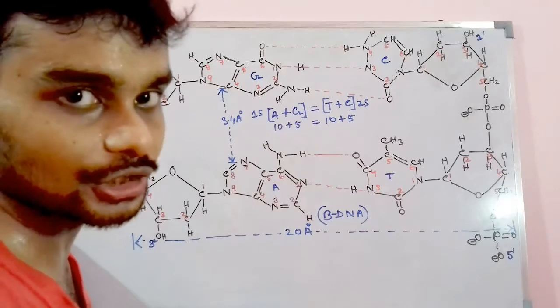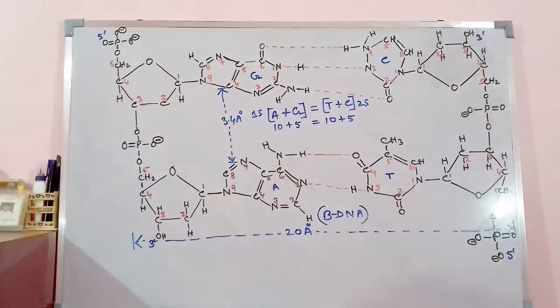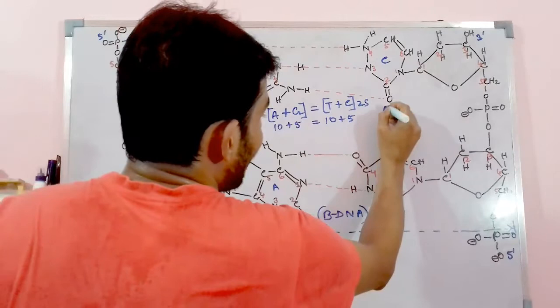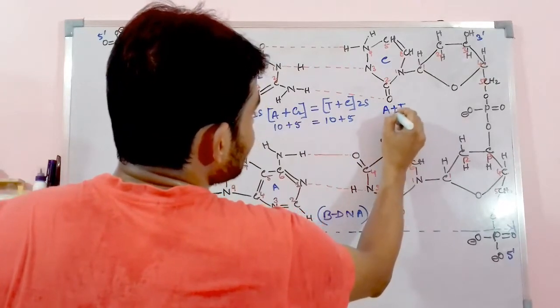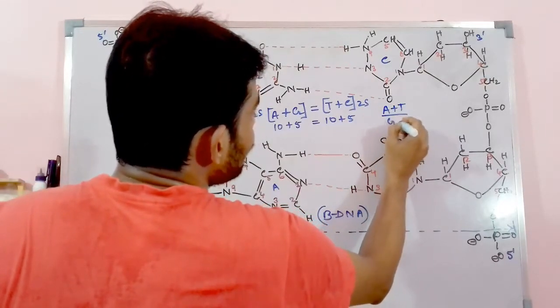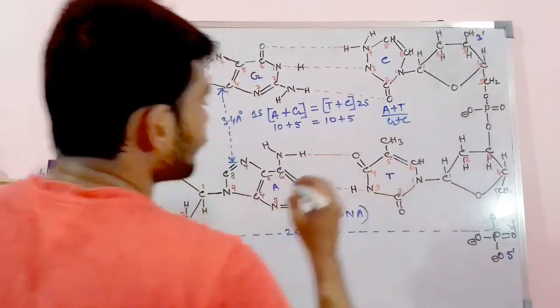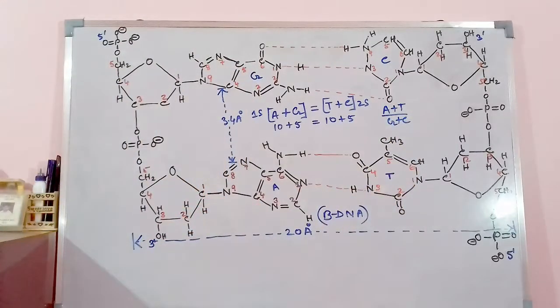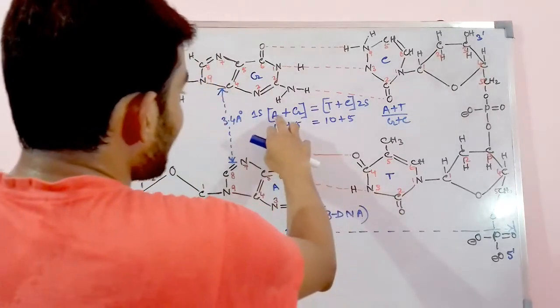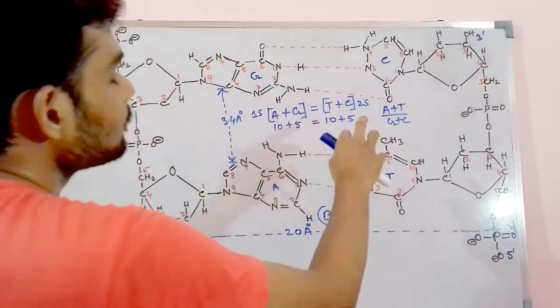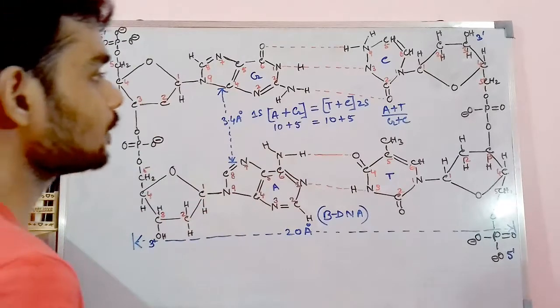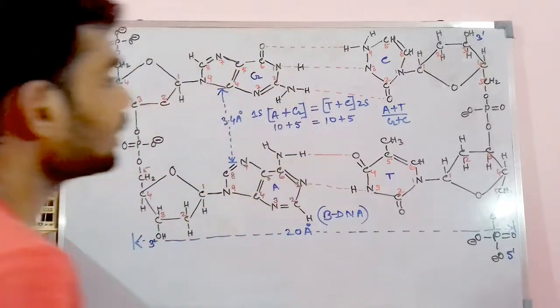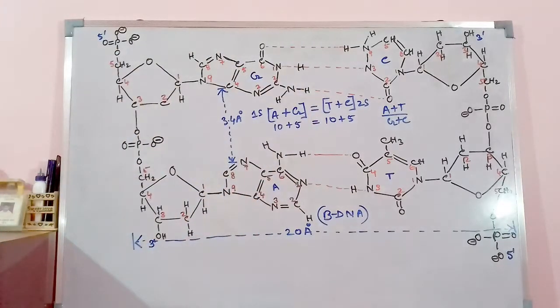Another thing Erwin Chargaff proposed is a particular ratio of this base pairing. That ratio is adenine plus thymine divided by guanine plus cytosine. This is the base pairing ratio, that is the total number of adenine and thymine present in a particular DNA molecule divided by the total number of guanine and cytosine present in the same DNA molecule.